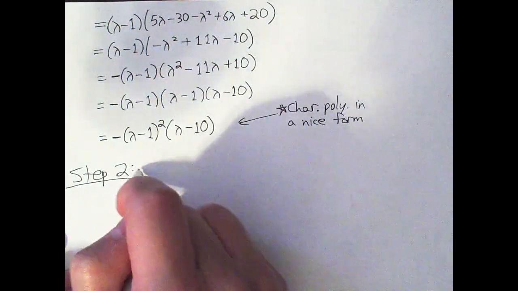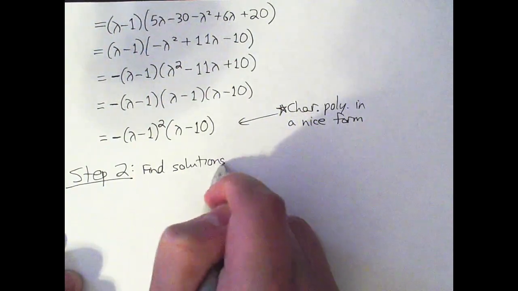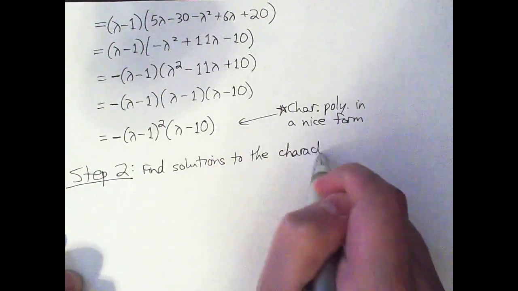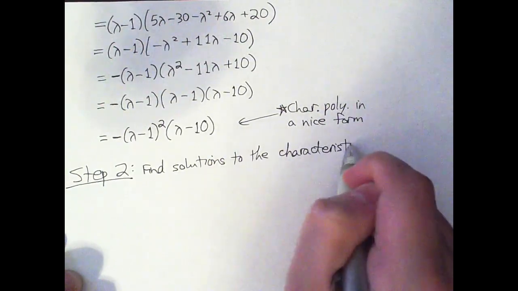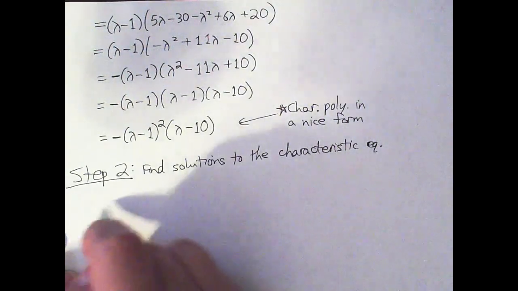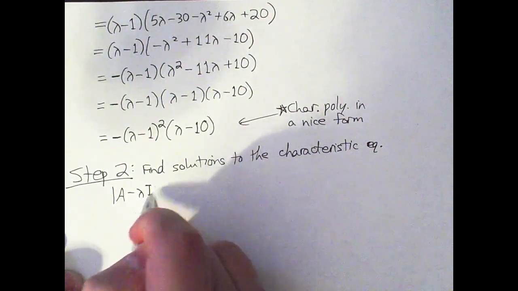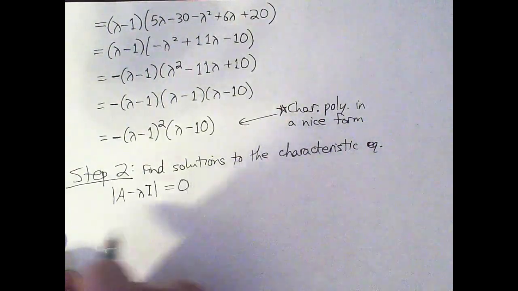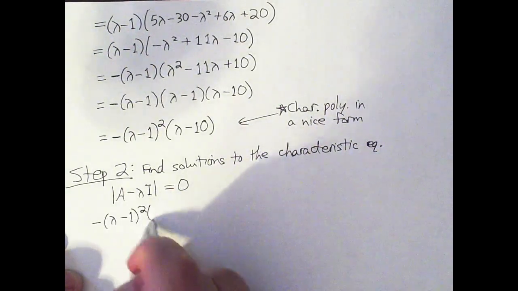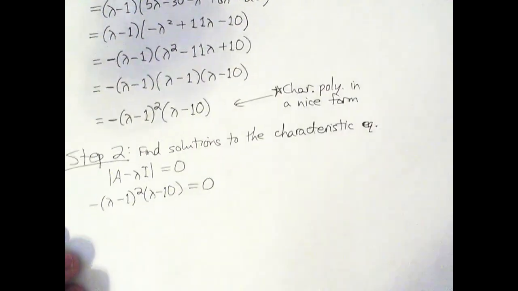Step 2 is going to be find solutions to the characteristic equation. And as you can see, we've already done most of the work for that. So the characteristic equation is minus lambda minus 1 squared, lambda minus 10 equals 0.